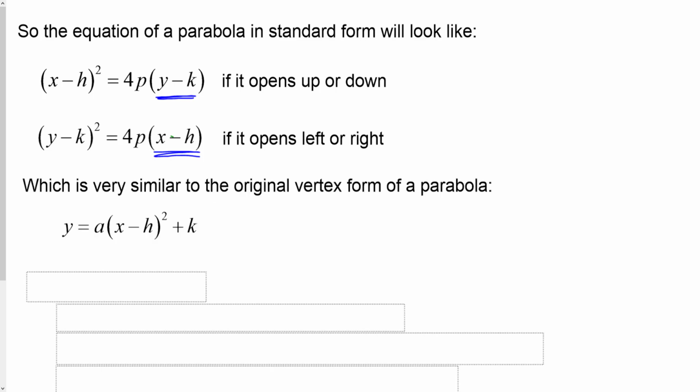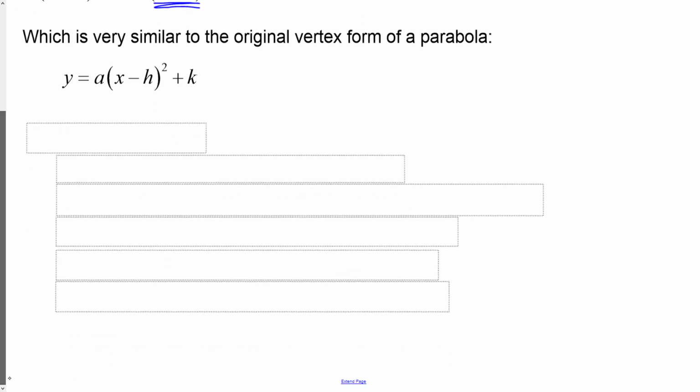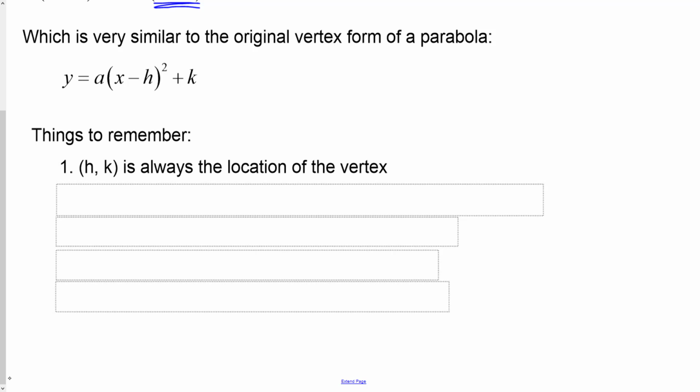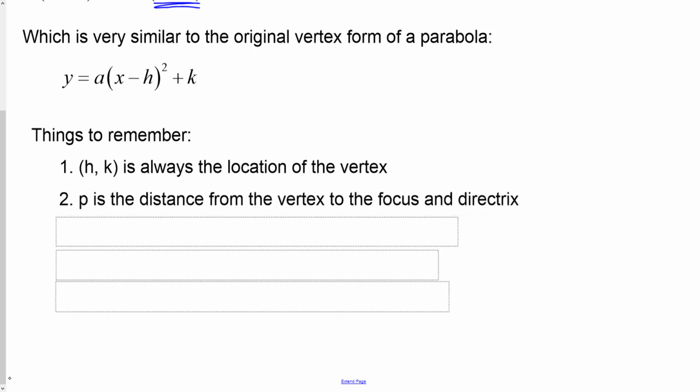As we said, it's very similar to the original vertex form of a parabola. But some things you want to remember. h, k is always the location of the vertex. So if you have that point, that's a great place to start. p is the distance from the vertex to the focus and to the directrix.